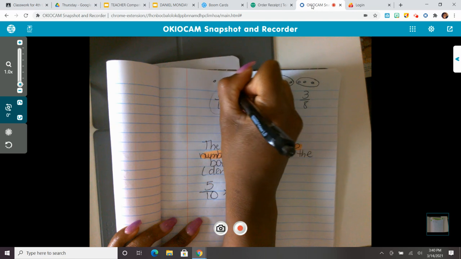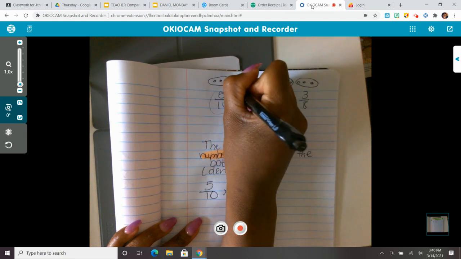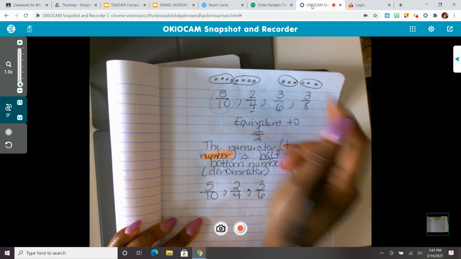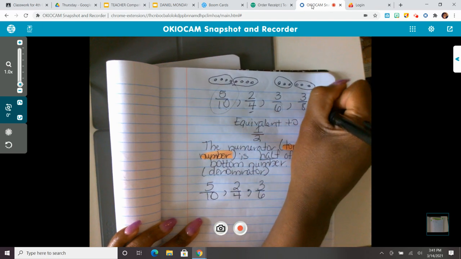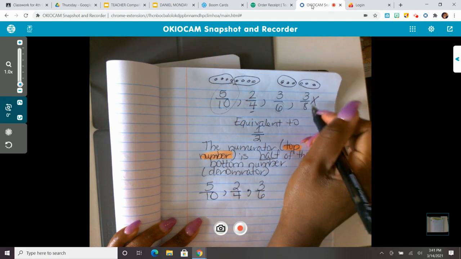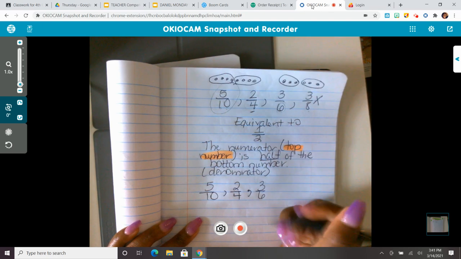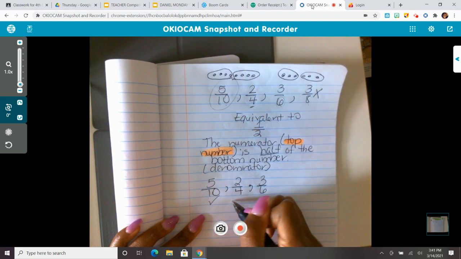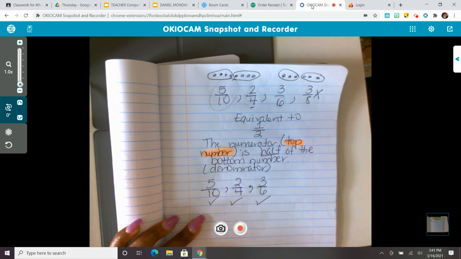If I split those up in half, do I get 3 or do I get 2? I get 2. Well, it cannot be 3/8. 3 is not half of 8. 3 is half of 6, remember? So the ones that are equivalent to 1/2 include 5/10, 2/4, and 3/6.